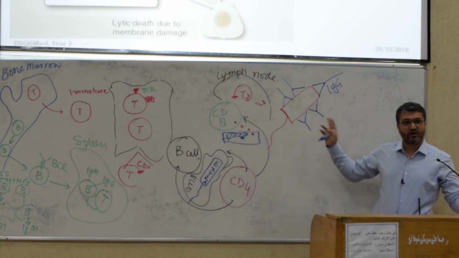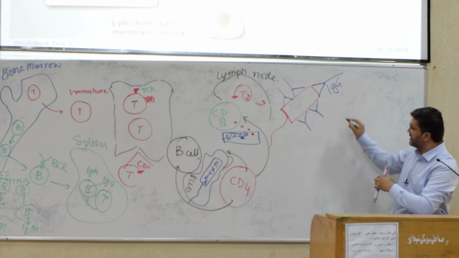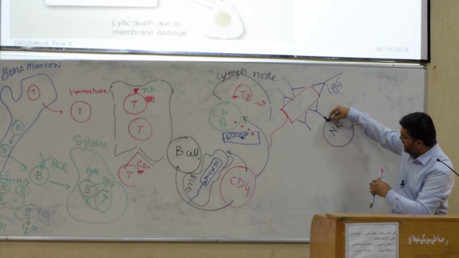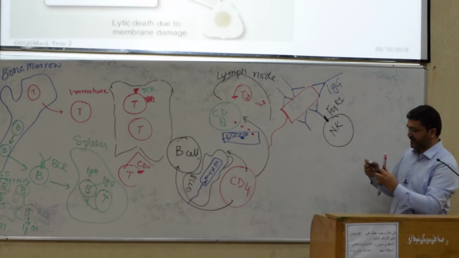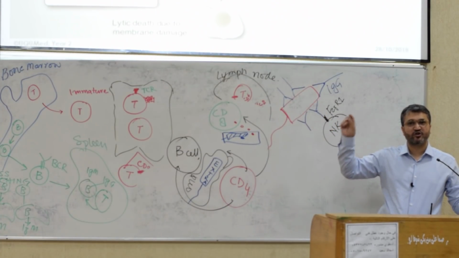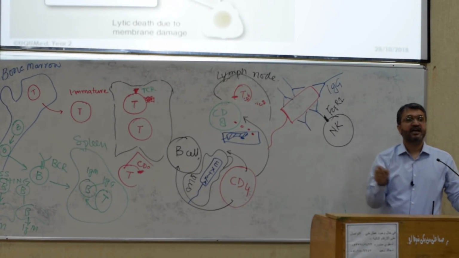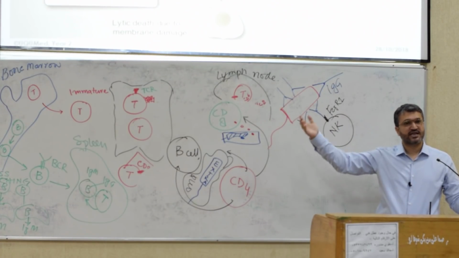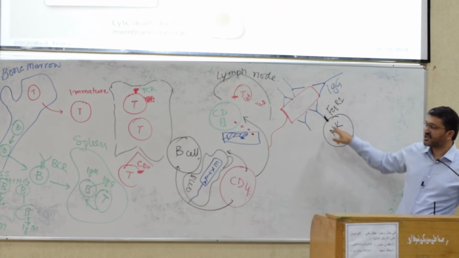Once these immunoglobulins recognize it, its Fc portion is now ready to bind to the natural killer cell, which has got the Fc gamma R1 receptor for it. This is also called opsonization. You remember I told you complement or antibodies will bind around the bacteria and it will be phagocytosed by the macrophages and the neutrophils. That is opsonization or phagocytosis. But here they tag the bacteria for the natural killer cell to recognize.